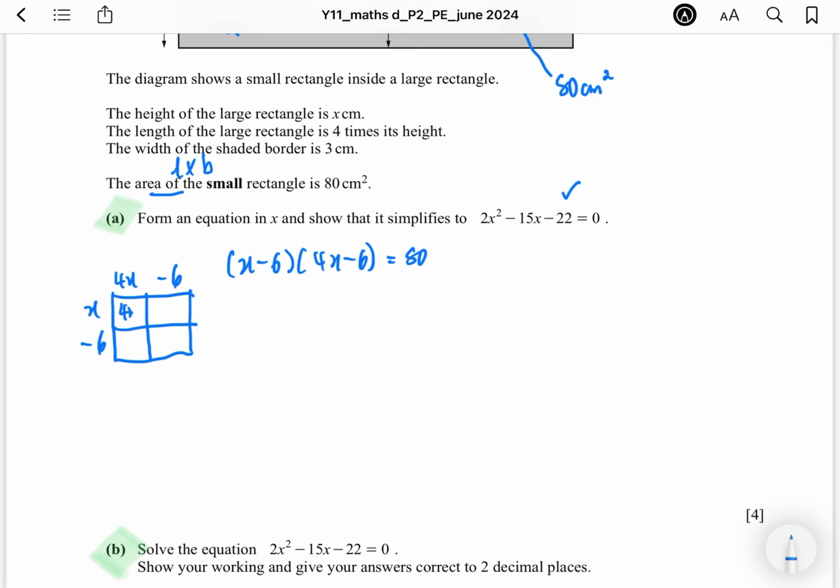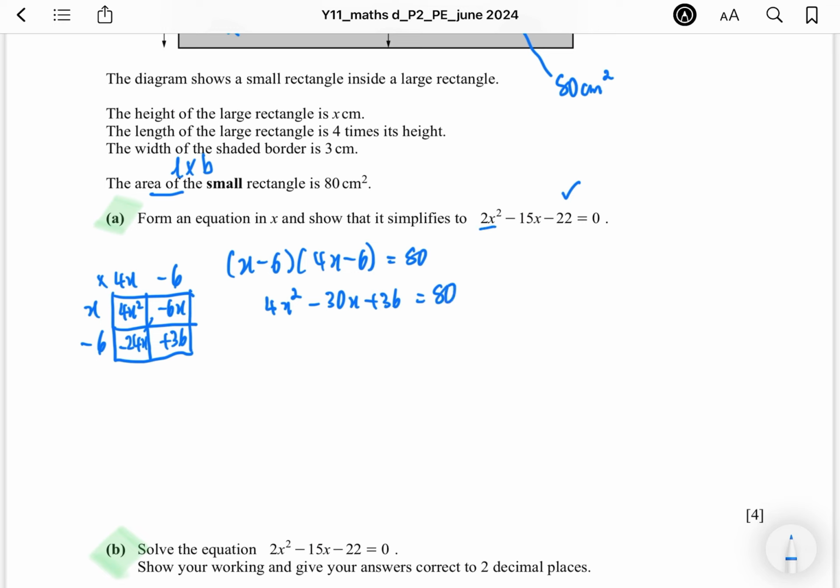Okay, so this one is 4x squared minus 6x minus 24x plus 36. Now be careful with the positive and negative integers there. So 4x squared, the like terms minus 24x and minus 6x gives you minus 30x plus 36 equals to 80.